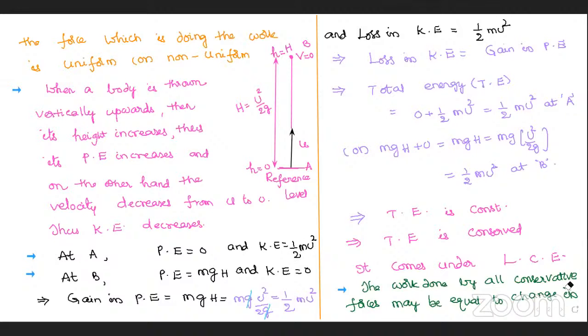So gravity is a conservative force. Yesterday I explained, I think all of you remember. So work done by conservative forces may be equal to change in potential energy, change in kinetic energy, but not equal to change in total energy.